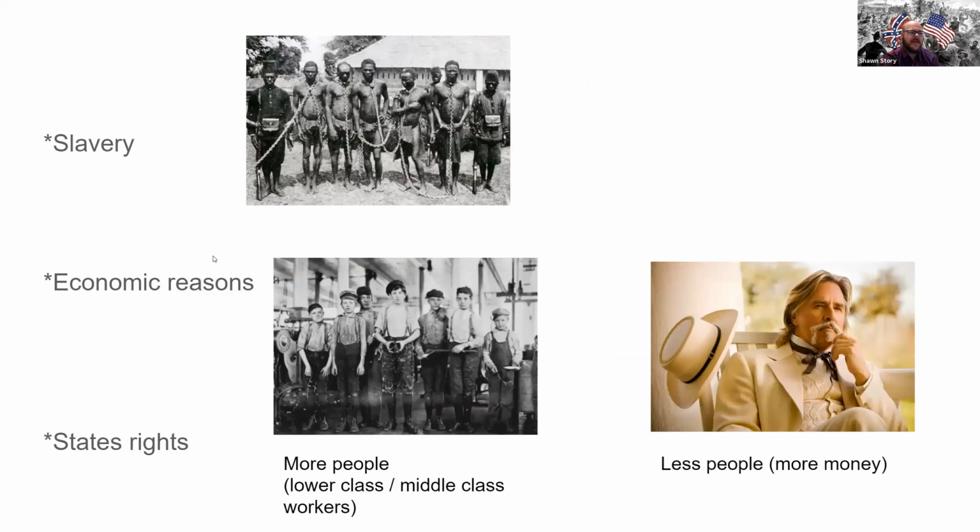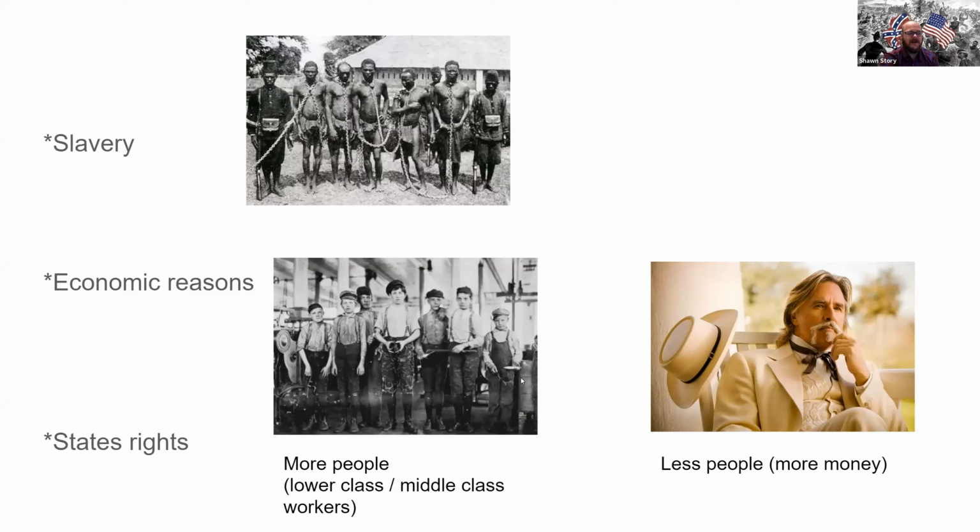So some of the issues that led up to the Civil War, slavery was a big ideological issue. The North saying, nope, we want to abolish slavery, we want to make them free. There were these economic issues, the idea of industry versus agriculture and which one was more important, not necessarily realizing the interconnectedness between the two, that industry relied on the products that agriculture was producing so they could make their products.